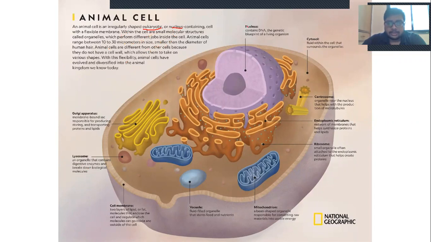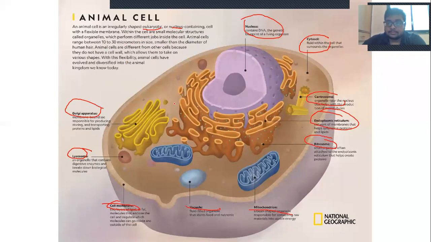Then there are many other things like cytosol, centrosomes, endoplasmic reticulum, ribosomes, mitochondria, vacuoles, cell membranes, lysosomes, and Golgi apparatus, and these things comprise animal cells. Okay, so we'll study functions.